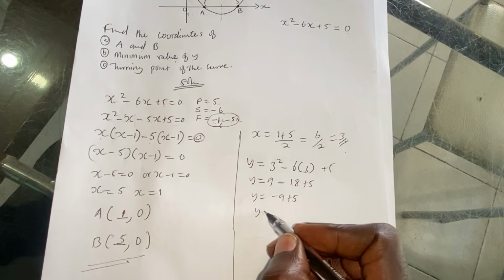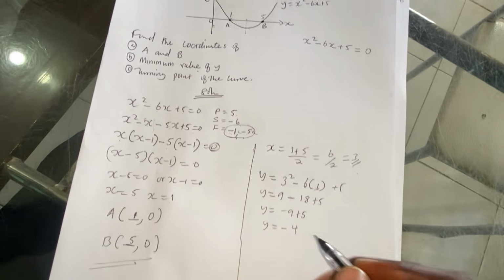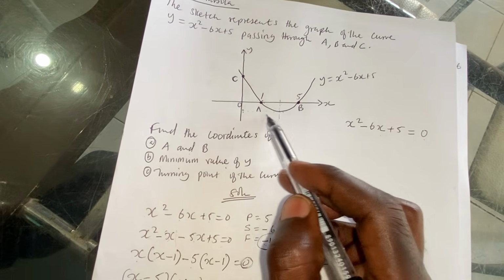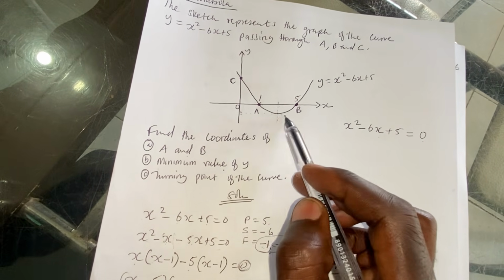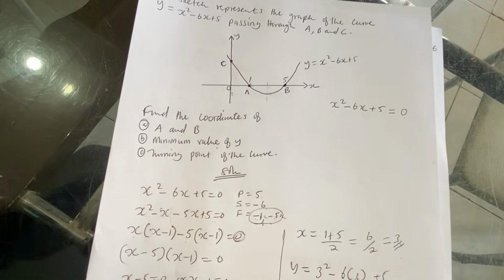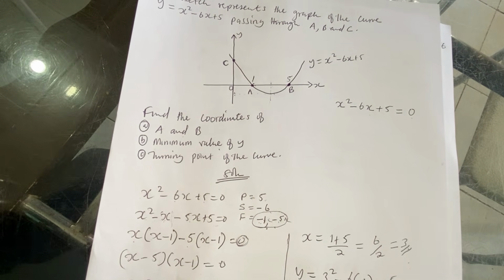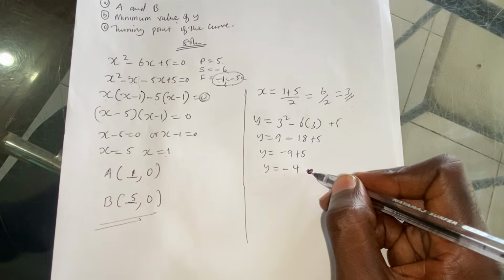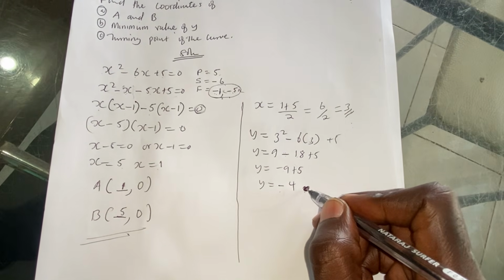So meaning y is equal to negative 4. And for sure, this y is supposed to be a negative number because it's on the negative side of the y-axis. So meaning this becomes our minimum value of y, which is negative 4.